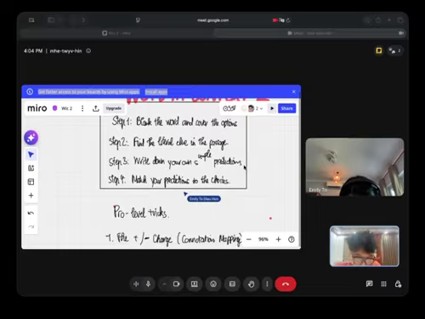Okay, so I write down first. Identify if the text is describing something favorable, critical, or neutral.